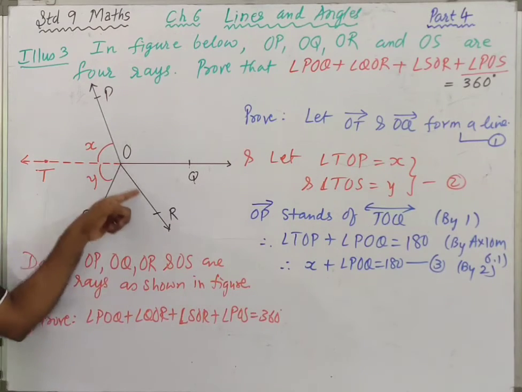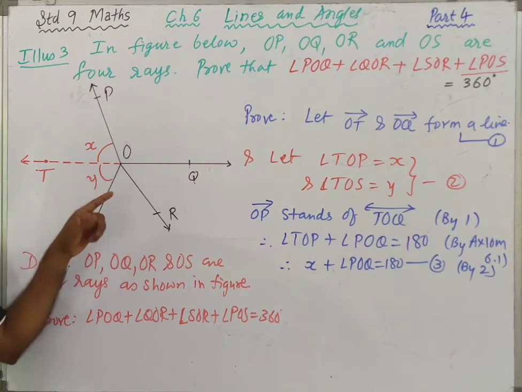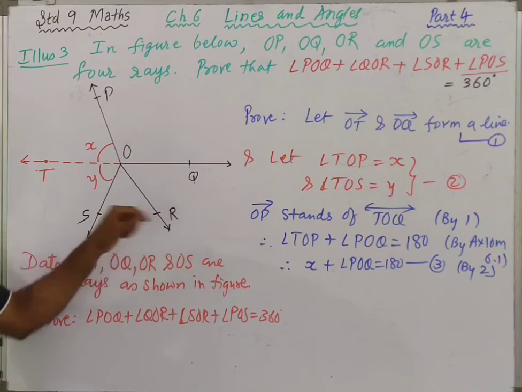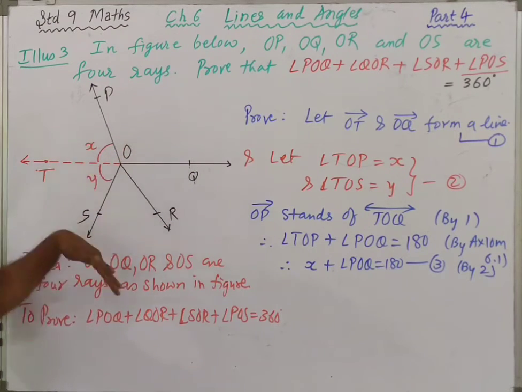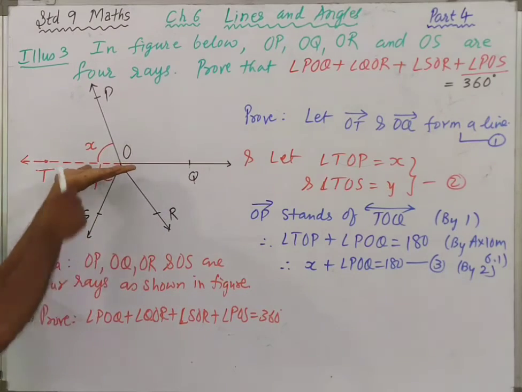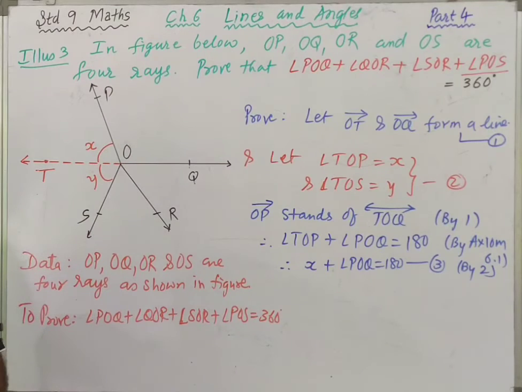Similarly, ray OR stands on the line. Ray OR, or ray OT, whichever you want to take. Sorry, ray OS stands on line TOQ, because there are two. Below the line TOQ there are 2 rays. Above the line TOQ there was only one ray, so choose either of the two rays. Which one would you like to choose?